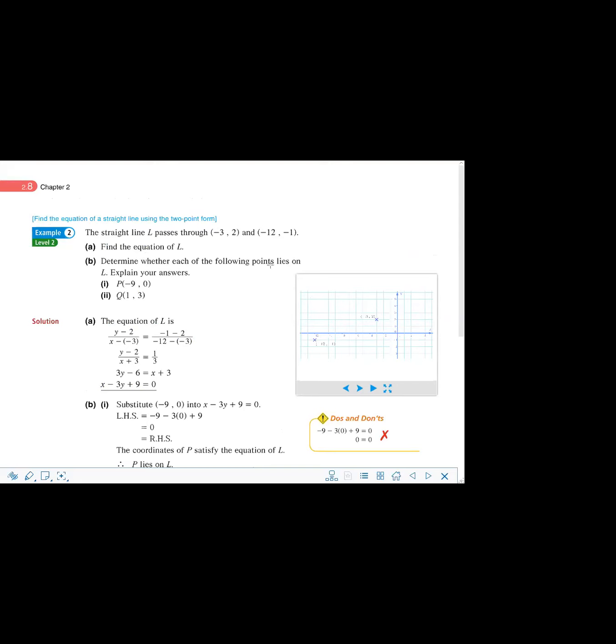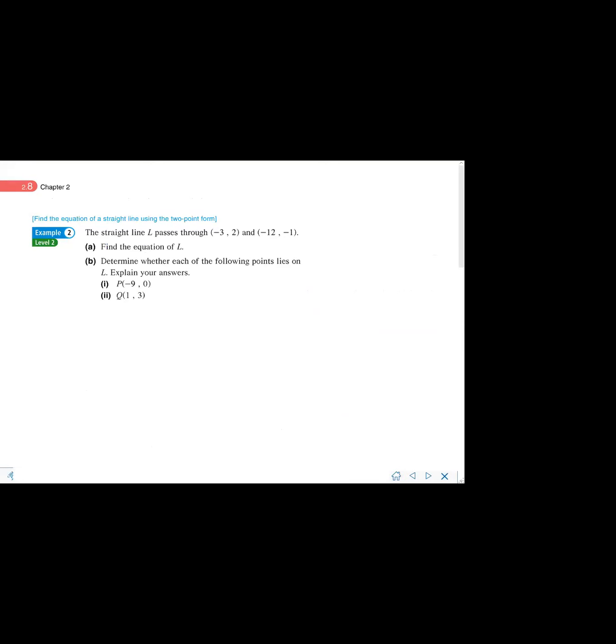Example number 2, so let me clear this things first. Okay, so the straight line L passes through these 2 points, and then part A, find the equation of L. So it is the same question, find the equation of L with the coordinates of 2 points given. Okay, so I'm going to use the point slope equation approach.